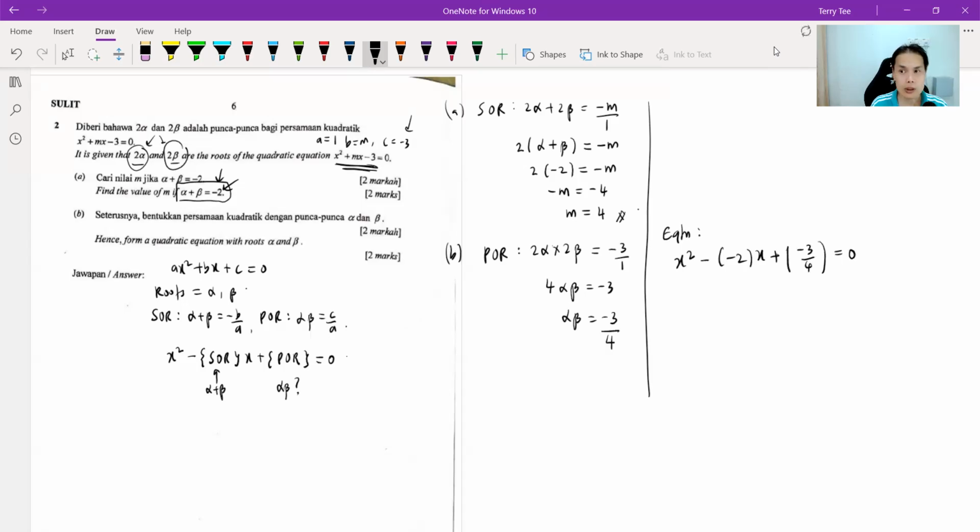Let it be equal 0. So normally when we write in general form ax squared plus bx plus c like this, we normally do not have coefficients in the form of fraction. So if you have fraction like 4, we will multiply everybody by 4. So you get 4x squared plus 8x minus 3. The result is 0.